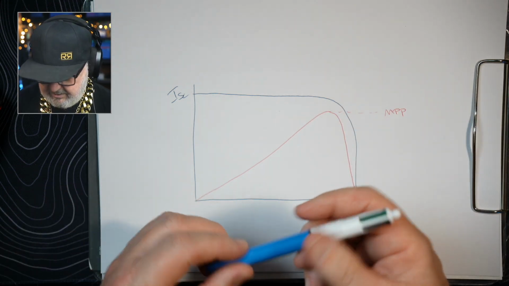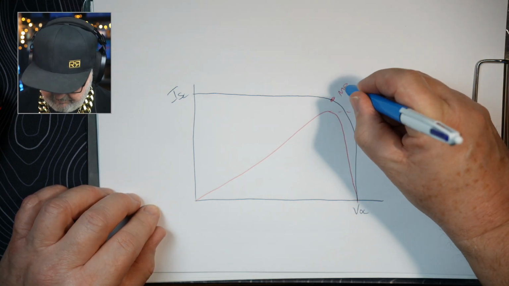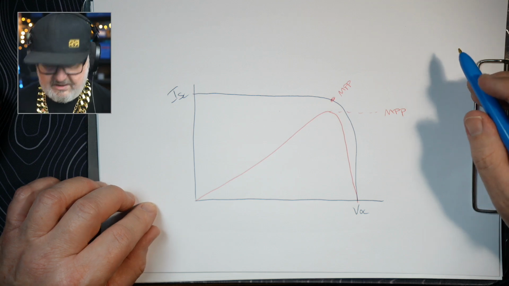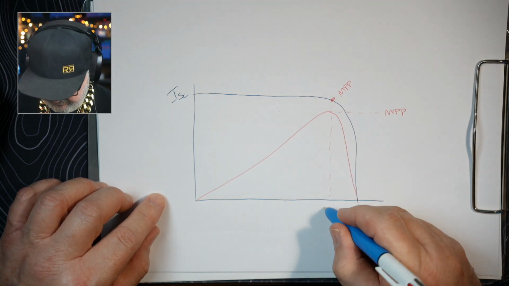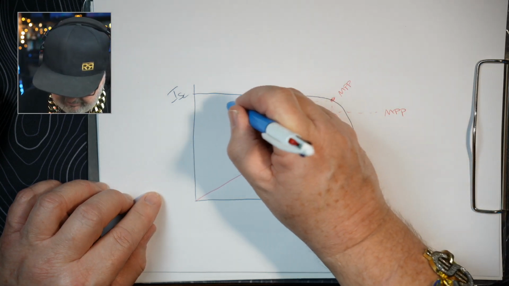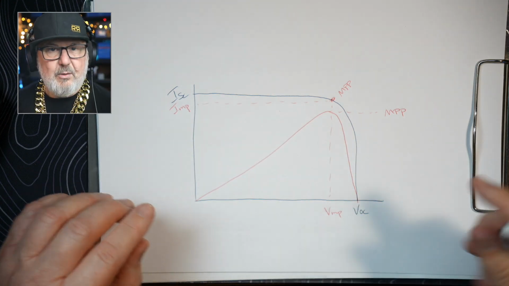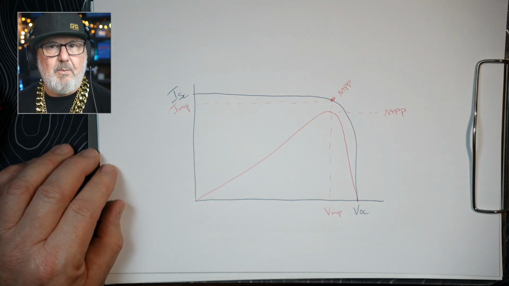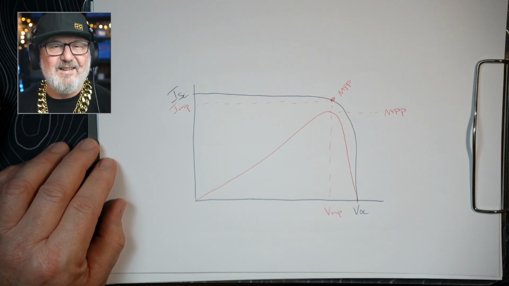So on the IV curve, we would call this the maximum power point, to be exact. So the product of voltage and current will give us a VMP, voltage at maximum power, and also a current at maximum power.